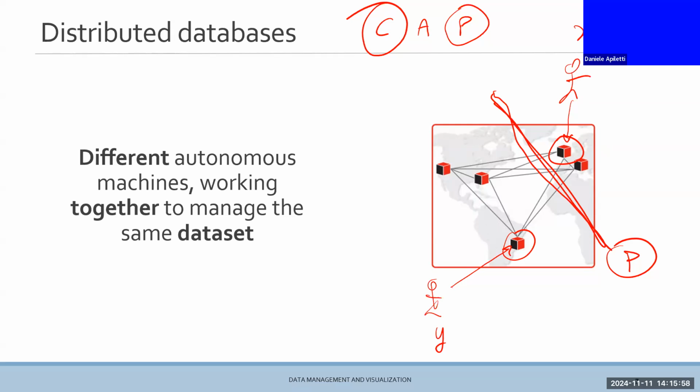Then what actually happens is that the network partition, when it happens, means that X cannot book a room in South America and Y cannot book a room in Europe. Okay, so it changes everything. So if you remove the P as a property, you're actually talking about independent autonomous systems and not a distributed database as a whole.